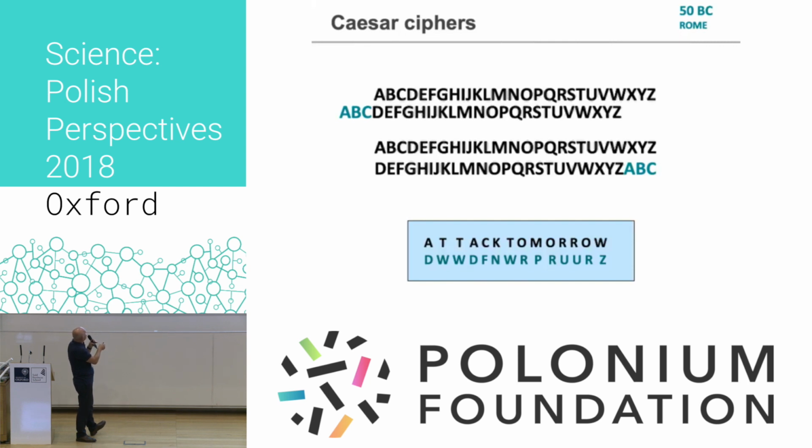For A, substitute D. For B, substitute E. For C, F. This is known as the shift cipher, a very simple substitution cipher. And then your message just follows this rule. For A, we substitute D. For T, we substitute W. For T, W again. For A, D again, and so on and so forth. So here we have a very simple substitution cipher.